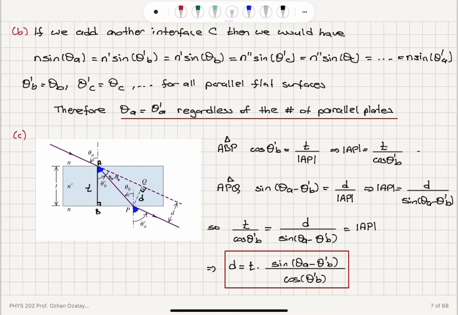Theta prime B is theta B, theta prime C is theta C, etc. So for all parallel surfaces, finally we would find n sine theta prime A is equal to n sine theta A. The angle with which it is incident and the angle with which it emerges are the same, regardless of the number of parallel plates.